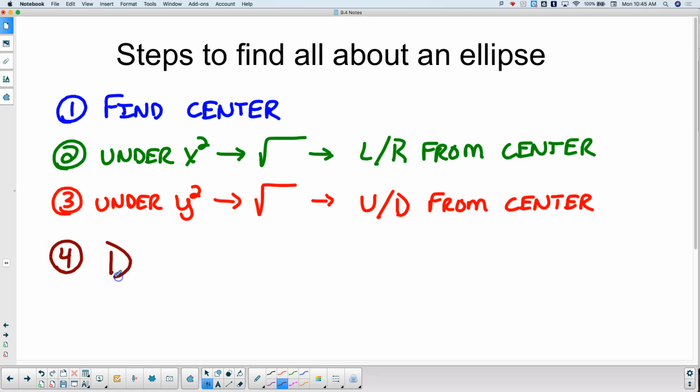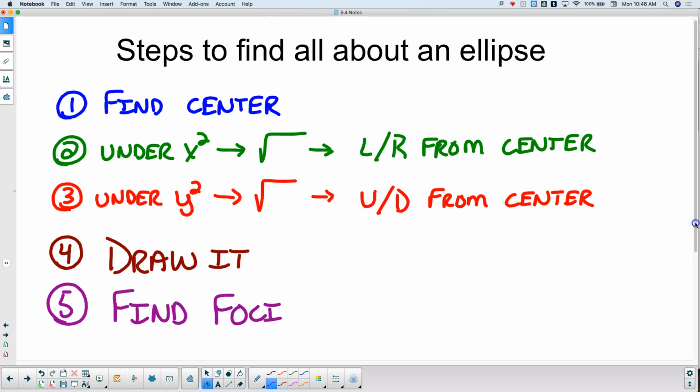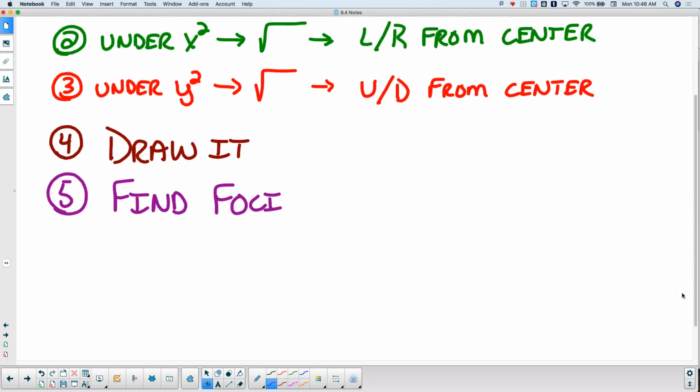Fourth step, we're going to draw our ellipse in. Fifth step, we're going to find the foci. And the foci will be on the major axes.